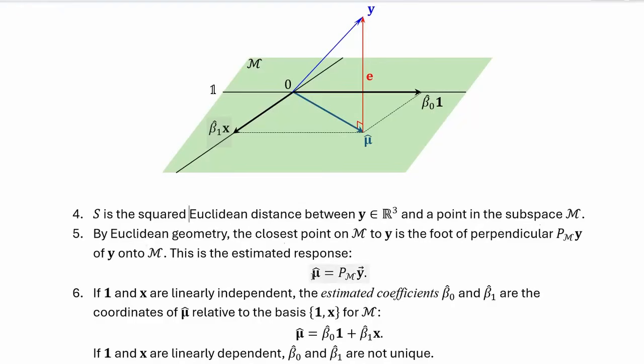And we write mu hat equals P_M y. If 1 and x are linearly independent, the estimated coefficients, beta 0 hat and beta 1 hat, are the coordinates of mu hat relative to the basis 1, x for M. And if 1 and x are linearly dependent, the estimated coefficients are not well defined.